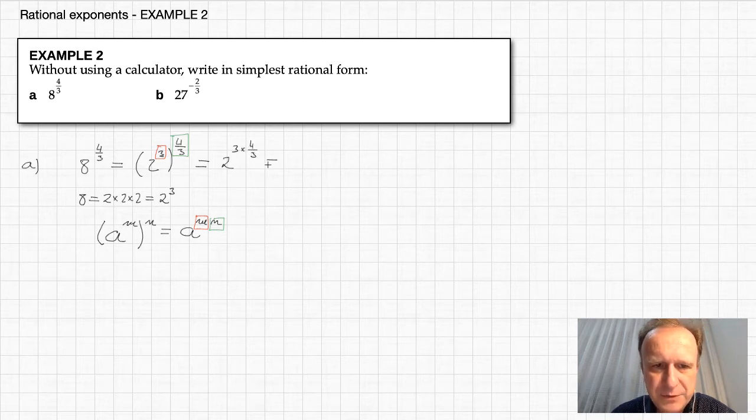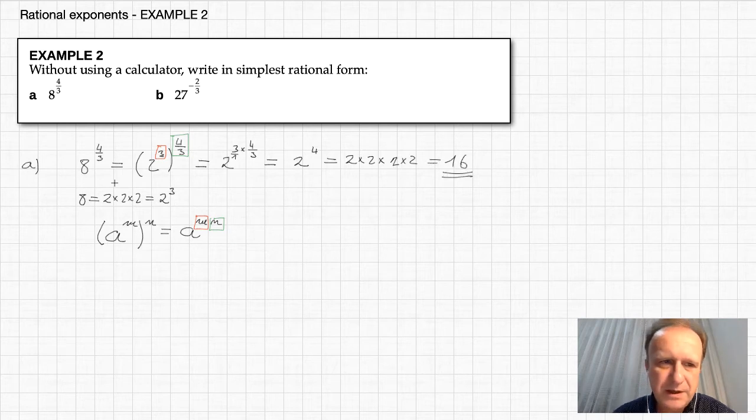Now you see that if you multiply 3 by 4/3, it's 3 over 1 times 4 over 3, you get 2 to the power of 4, nothing else, just 4. And since this can be easily calculated, we can do that. It's 2 times 2 times 2 times 2, so it's 4 times 4, so it must be 16.